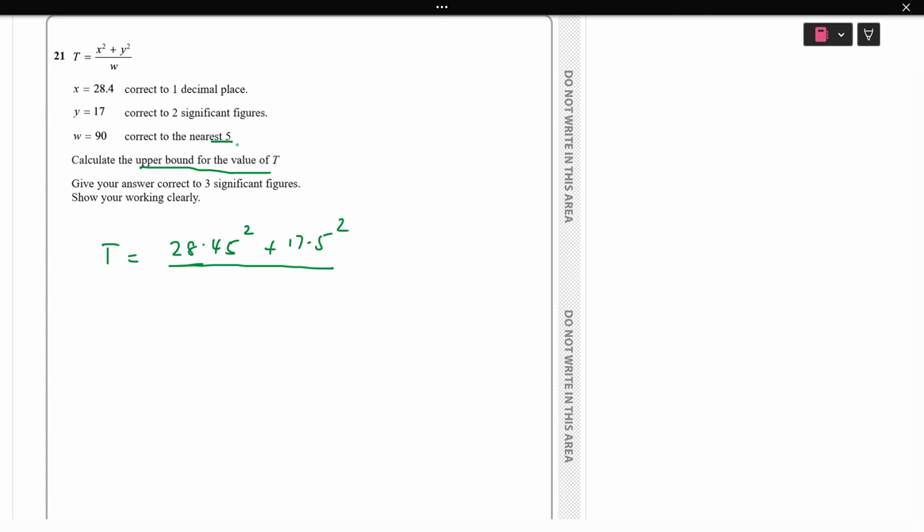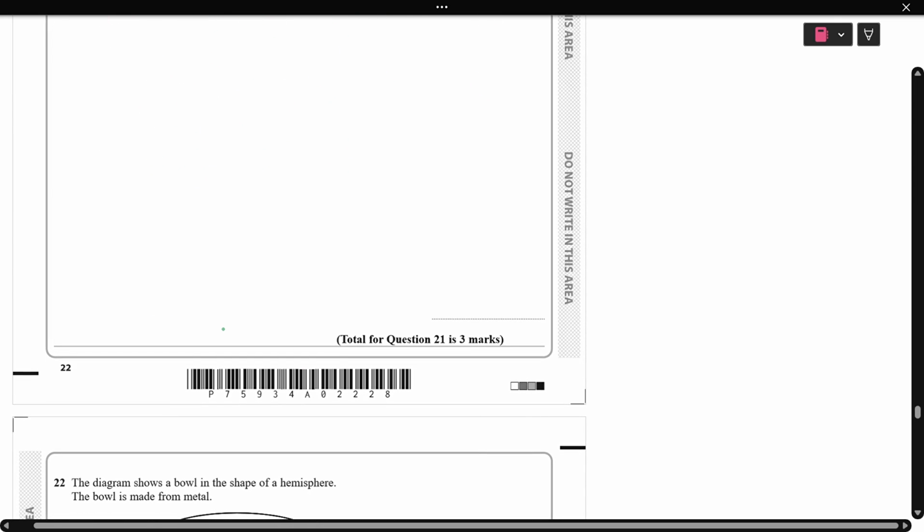The nearest is 2, so 2.5 up and 2.5 down. When 2.5 less, which is 87.5, when we calculate we get 12.8. The answer is going to be 12.8.